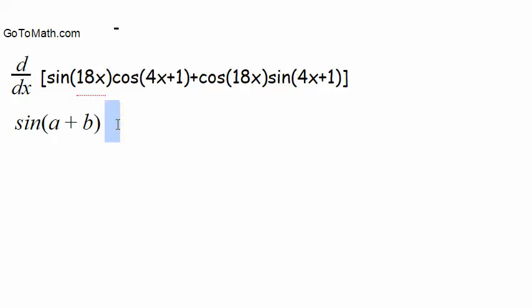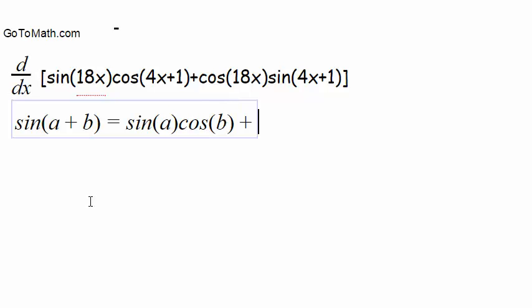This was one of those trig identities, where sine of a plus b ends up being, I guess I should go ahead and write it out: sine A times cosine B plus cosine A times sine B. Okay, the sum of two angles.